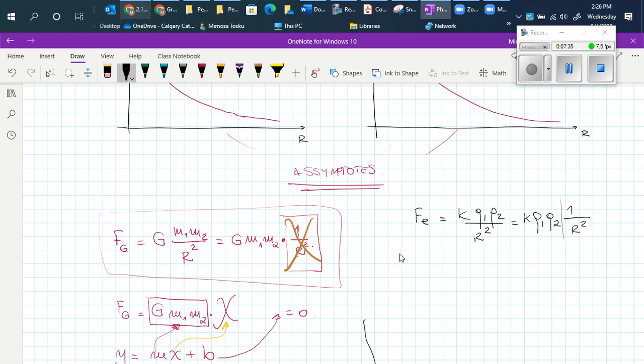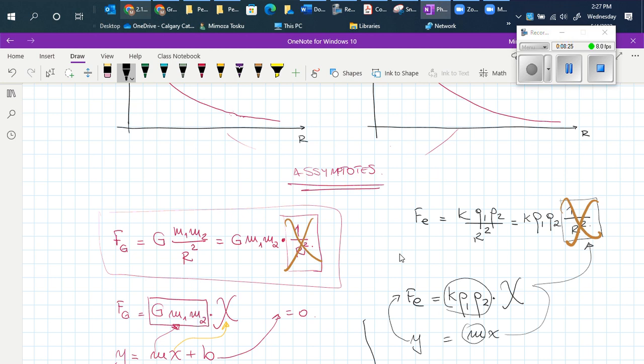And then we say, okay, if I assign this a new X, if I modify the horizontal axis by squaring it and inverting it, then I can write the electrostatic force as KQ1 Q2 times this new X, which is very similar to the equation of a straight line, y equals mx, where y is the electrostatic force, x is 1 over r squared, and the slope is KQ1 Q2.